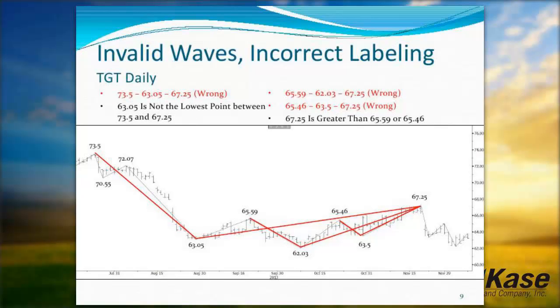So that's how you would algorithmically pick that wave, or at least an easy way to. Okay. In addition, on this chart, the 65.59, 62.03, 67.25 is invalid because the Z is greater than X.